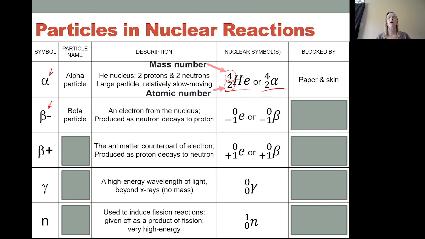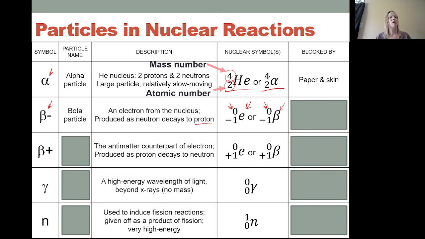Like the example for alpha particles, we can write this as an electron, so a lowercase e to represent electron, or we can represent this with the Greek letter beta. Both are correct. But of course, electrons do not have a mass, so we write a mass number of 0. And we use -1 for the atomic number because, you'll see later when we balance nuclear equations, it has that effect on a nuclear reaction because a proton is going to appear at the same time that this beta particle appears.